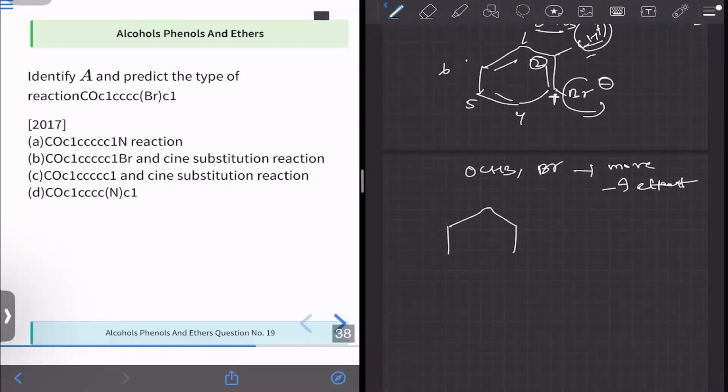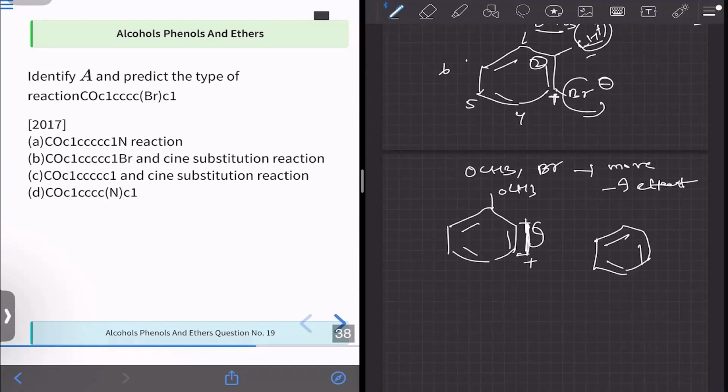After removing it, it becomes negative. It forms a double bond here, and when Br leaves, the double bond is shifted, giving positive here and negative here.